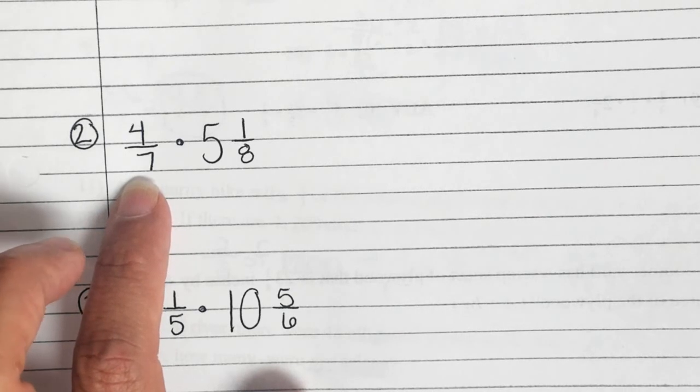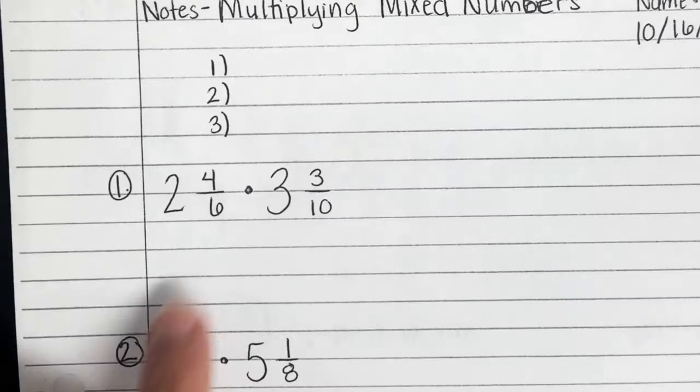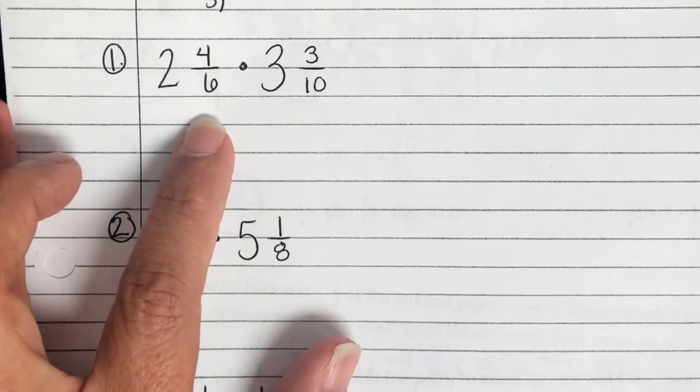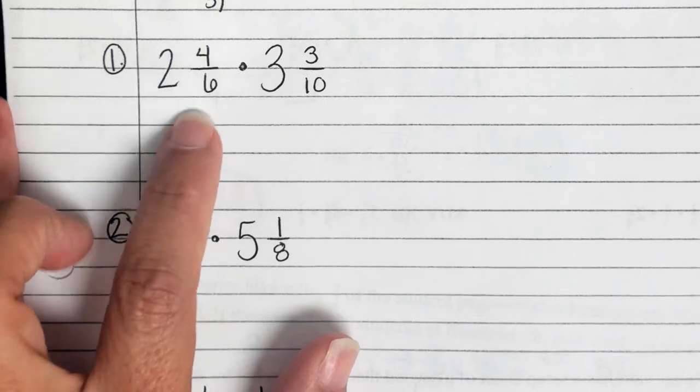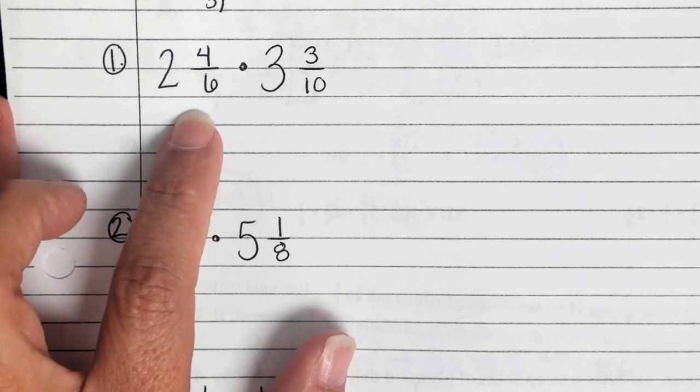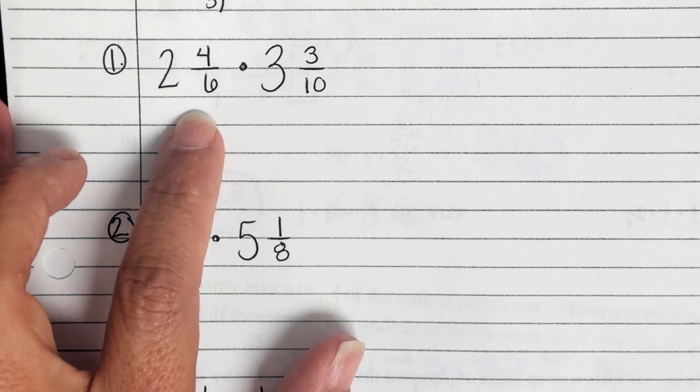If there was a whole number by itself, then we know already we would put a 1 underneath. So now, the only new thing we got to learn is what to do when we have these ugly mixed numbers. Anytime there is a mixed number, we're going to have to change it to an improper fraction before we can do any math with it.